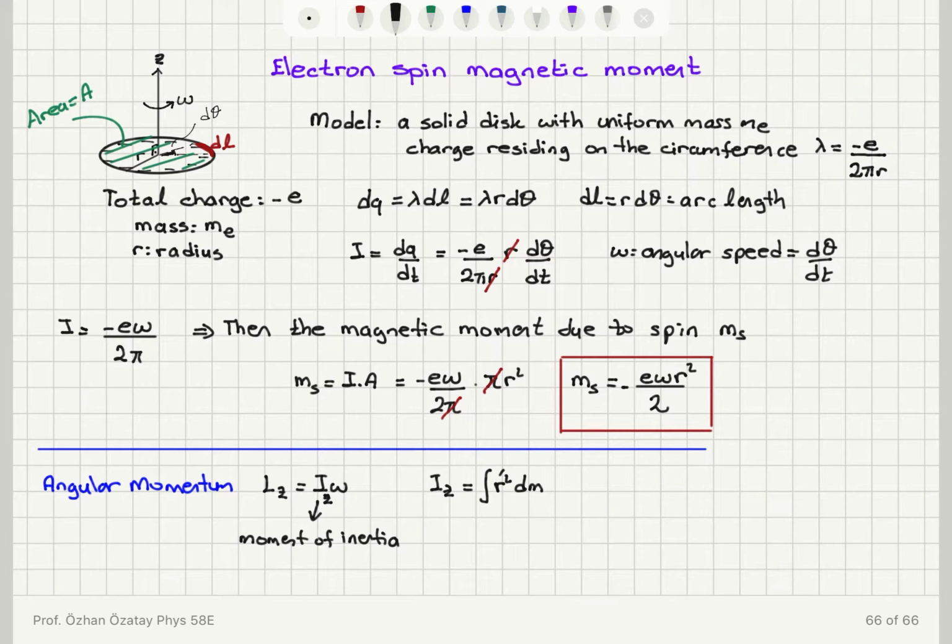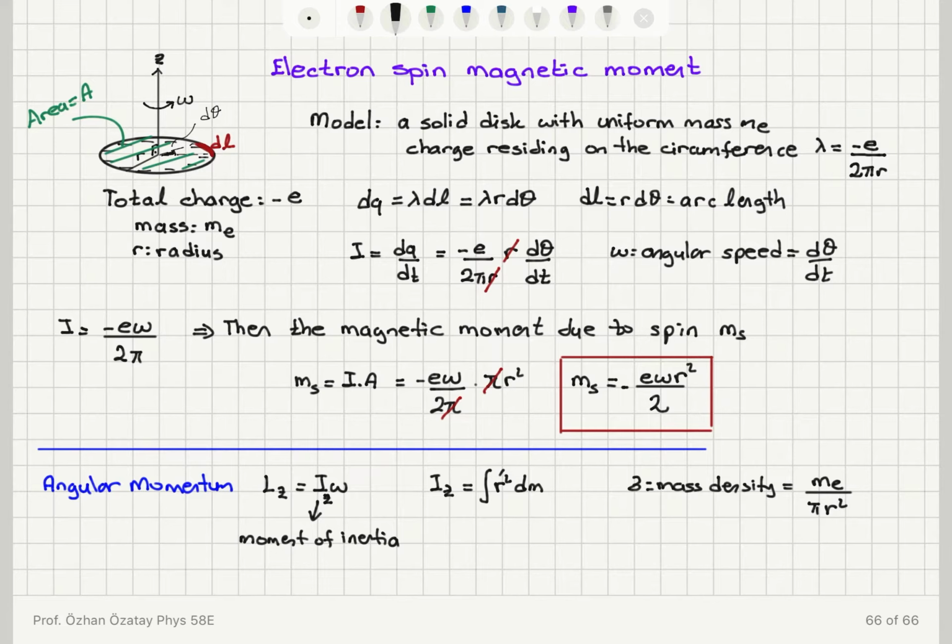So if you consider a mass element on this disk, first of all, in order to find what dm is, I need to know the mass density. Sigma, the mass density for an areal distribution, which is uniform, is the mass of the electron, m sub e, divided by the area of the disk, which is pi r squared.